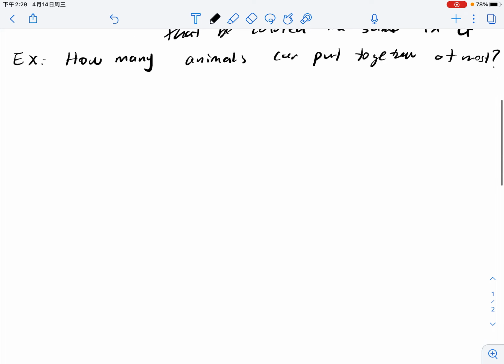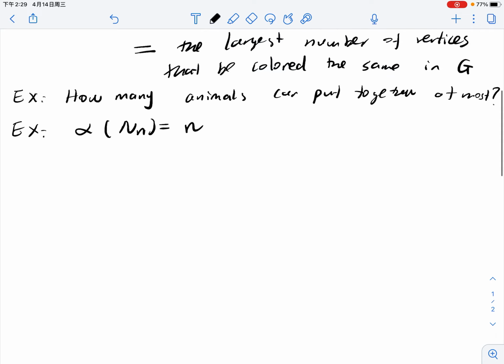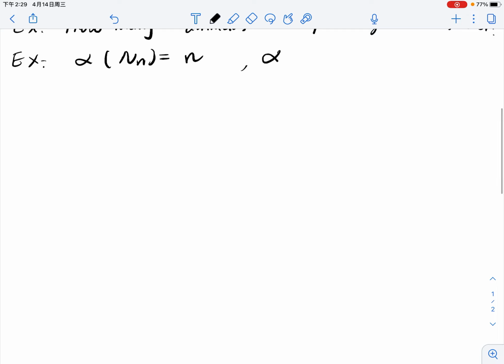Then we can have a graph formulation of this kind of problem. By definition, we can easily compute that the independence number of the null graph is the order of the graph, and the independence number of the complete graph is 1.